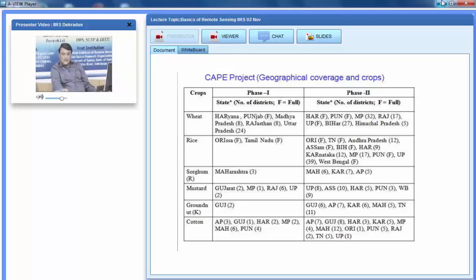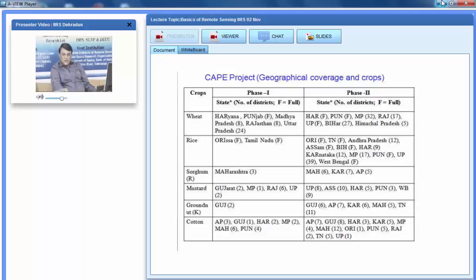So these are various states which are covered under the CAPE project. For rice, the main dominant rice growing areas like Orissa, Tamil Nadu, and in phase 2 also Orissa, Andhra Pradesh, Karnataka and West Bengal are considered. Sorghum is mainly Maharashtra and in phase 2 also Andhra Pradesh and Karnataka.